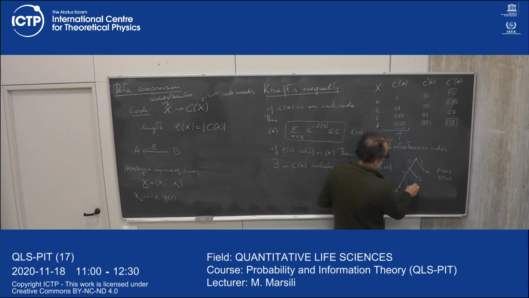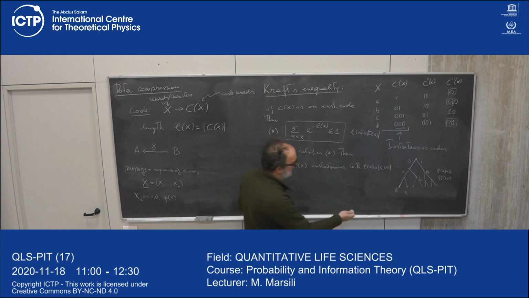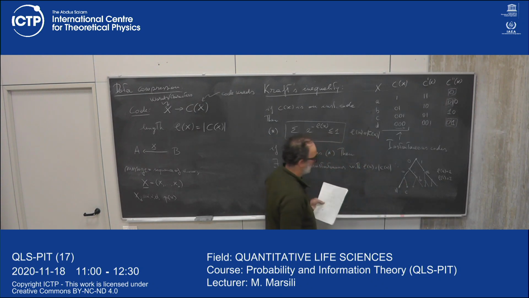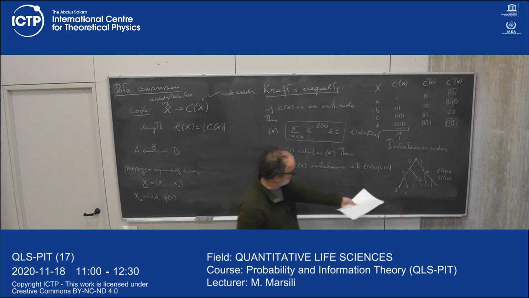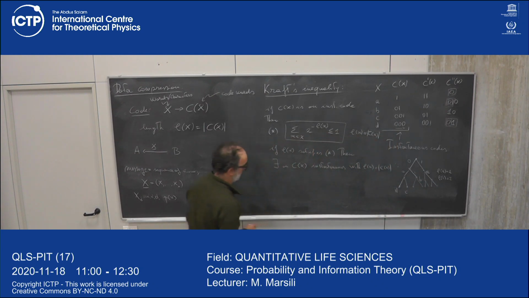For any code you can compute what is the maximal depth of this tree, and you can just compute for any code words how many descendants each code word has up to the maximal depth. Okay, so in this case, for example, A will have 4 descendants, B will have 2 descendants, and D and C will have none. Okay?